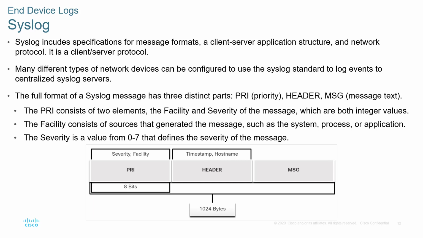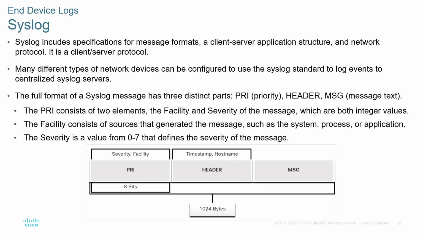All of it combined should be about 1024 bytes. The priority being 8 bits, and the header and message being subjective based off of that. When I said earlier about the severity or the priority sometimes being more than just the 3 or 4, the reason I say that is because there are a clear 8-step severity to our messages, the 0 through 7.